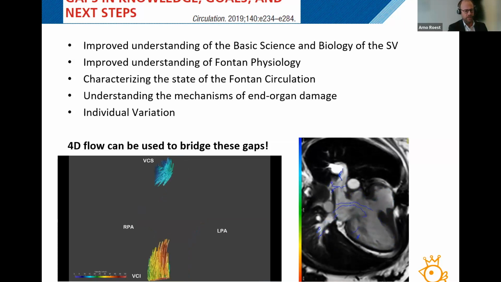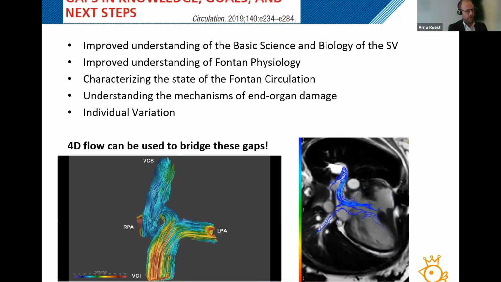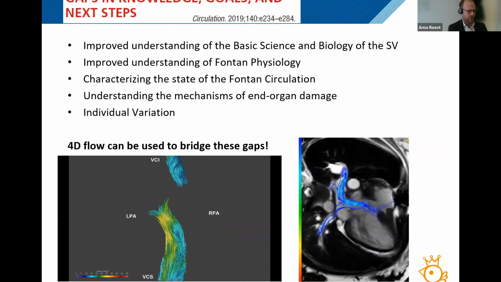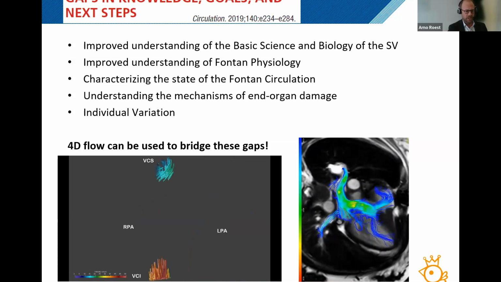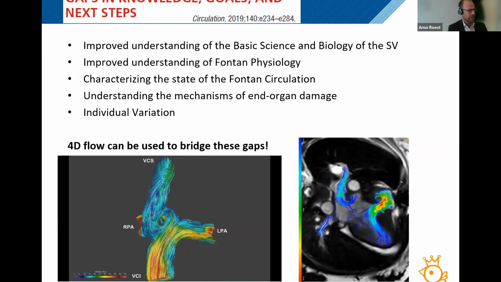You can see the areas of energy loss within the heart. In this presentation, I will focus especially on the Fontan circulation, but for the intracardiac evaluation, valve regurgitation and diastolic function in the single ventricle patient, 4D flow can really nicely be applied.